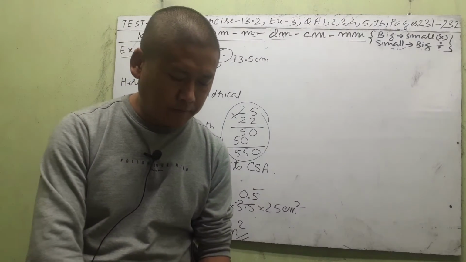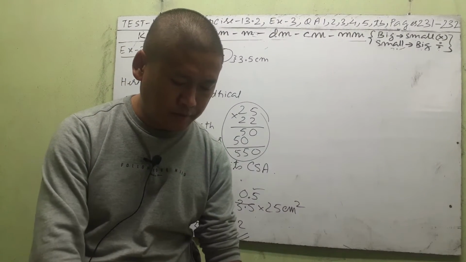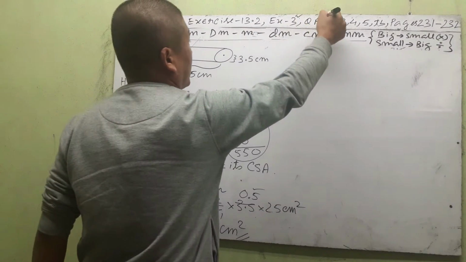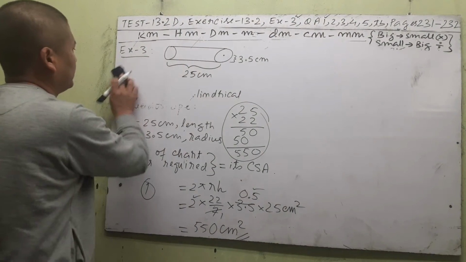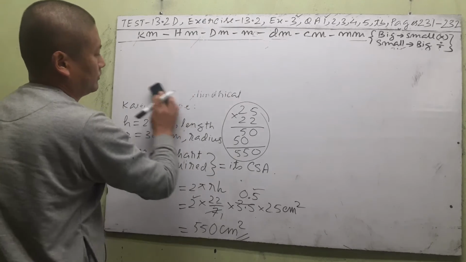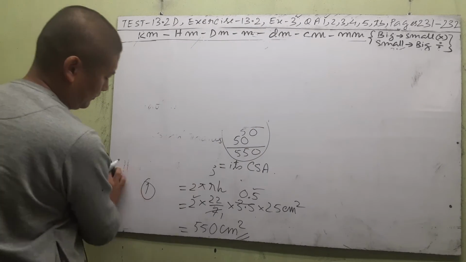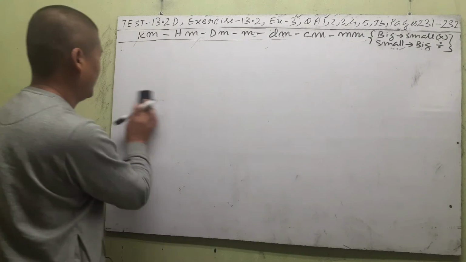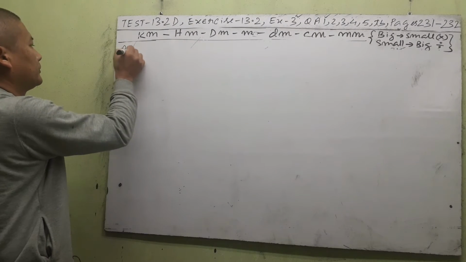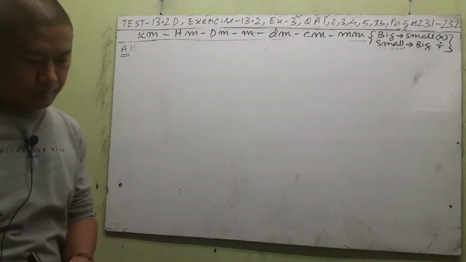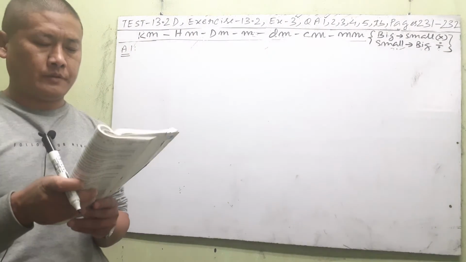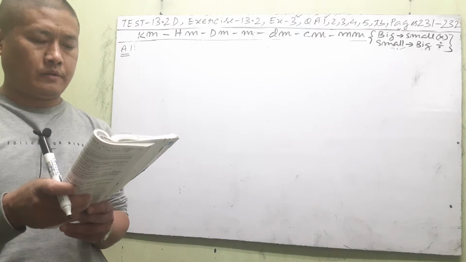That's done. Now go to page 232. Example 3 done. Now A1. A1 here. The radii of two cylinders are in the ratio 4:5 and heights 2:3.